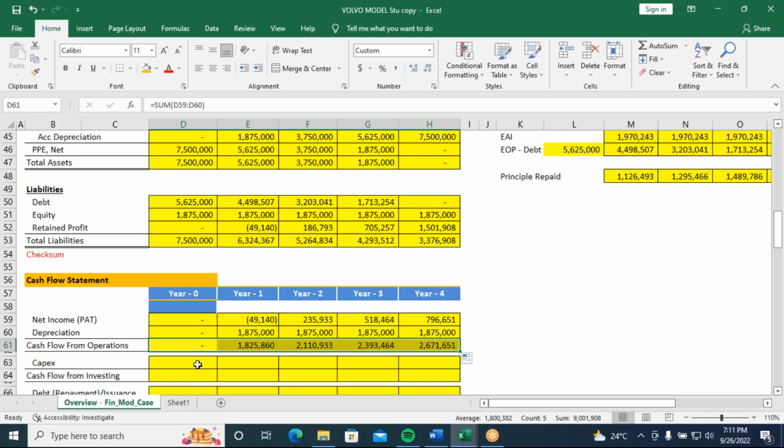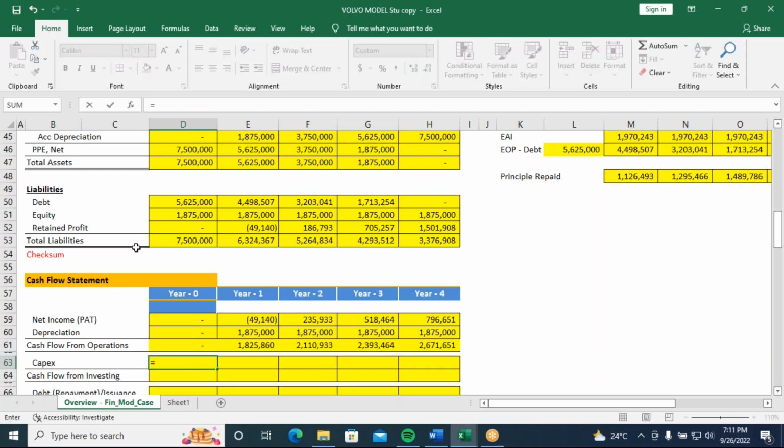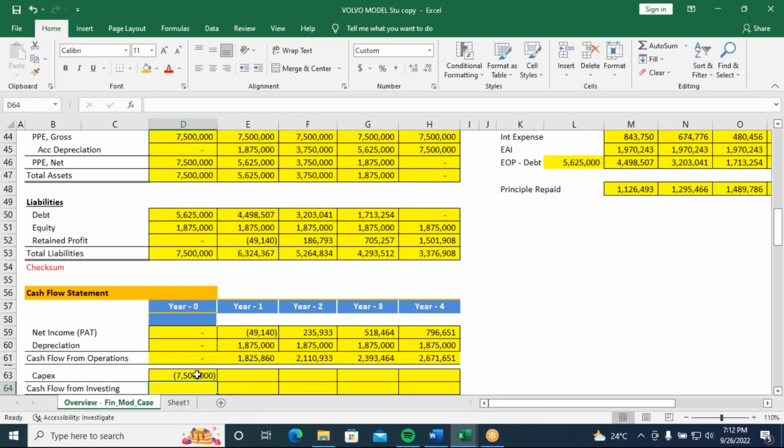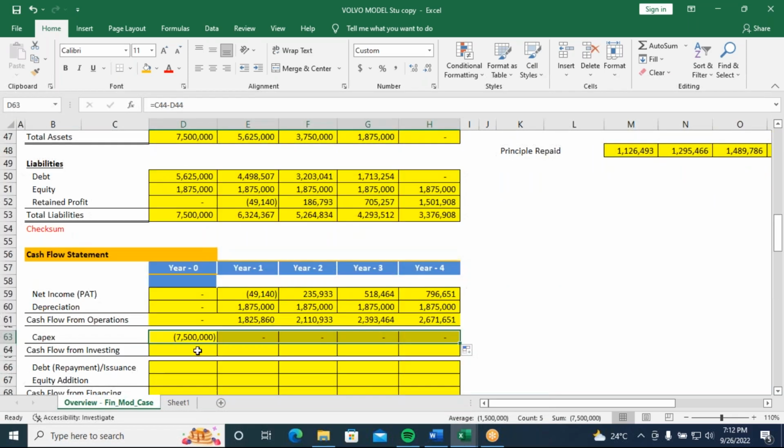So capital expenses is equal to PPE gross, that is property plant equipment gross, minus the current year's value. That will be my capital expenses. I will just select and drag it till the last.